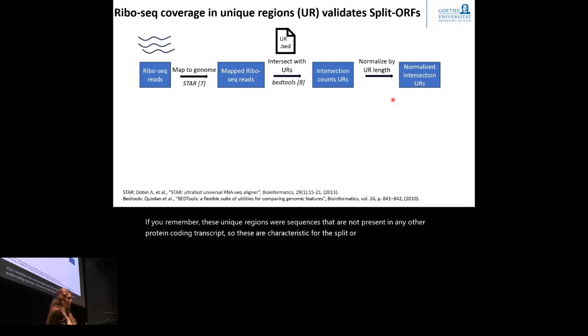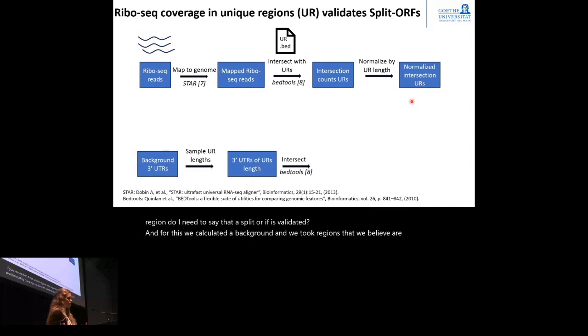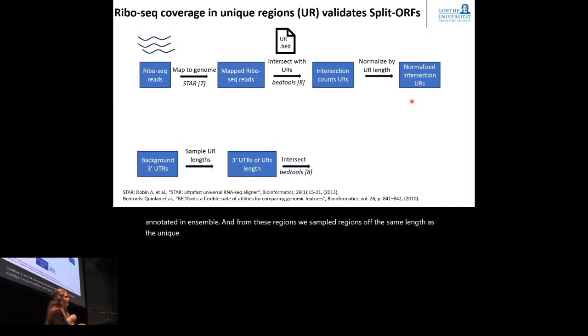And now the question is, of course, how much coverage in a unique region do I need to say that the split-orf is validated? And for this, we calculated a background. And we took regions that we believe are not translated. So we took 3' untranslated regions of protein coding transcripts as annotated in Ensembl. And from these regions, we sampled regions of the same length as the unique regions in order to get the same length distribution.